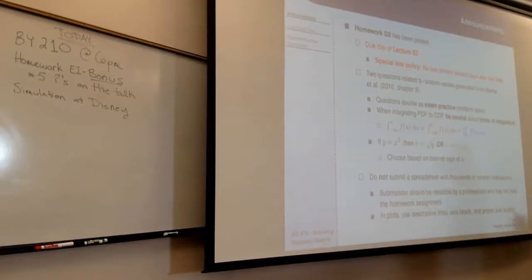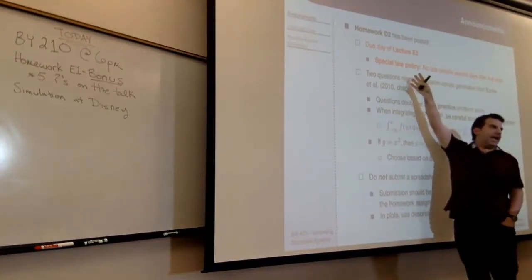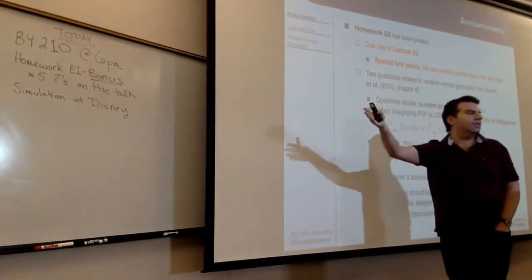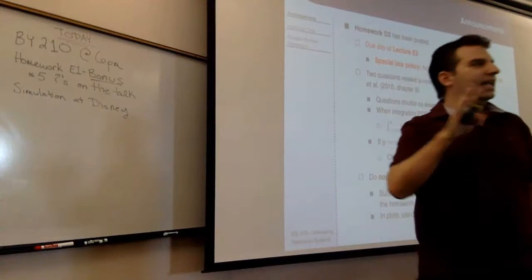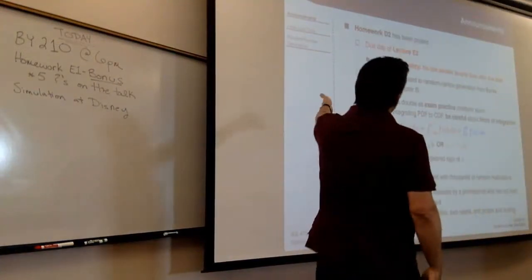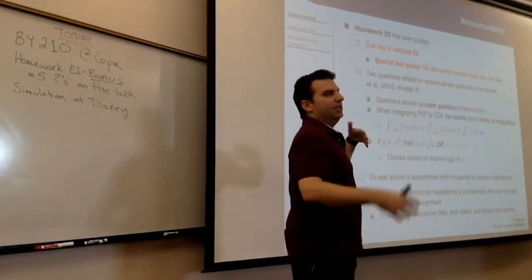That basically means that C2 is going to be due, actually, I don't want to say due, because there's no late policy, but the last time you can turn it in without penalty is Sunday, and then E2 will be the Sunday after it's formally due. So if Canvas allows you to upload, then you won't get penalized.